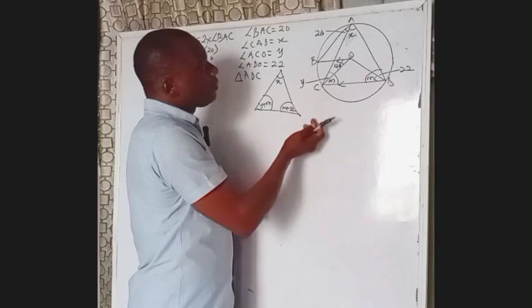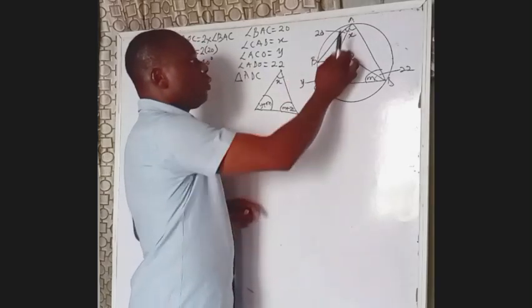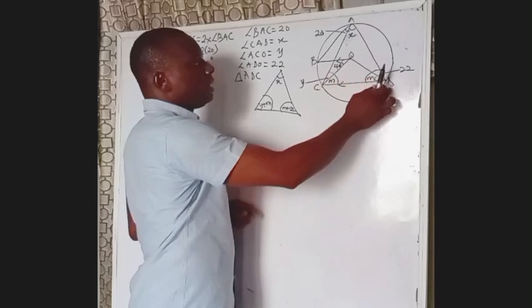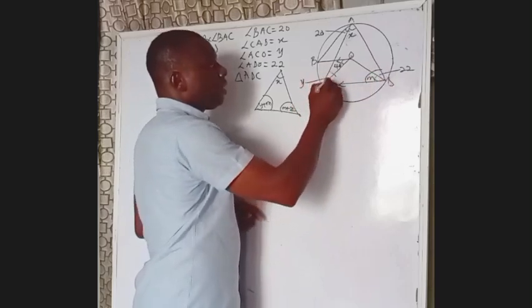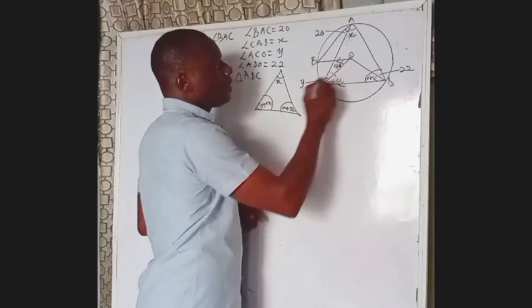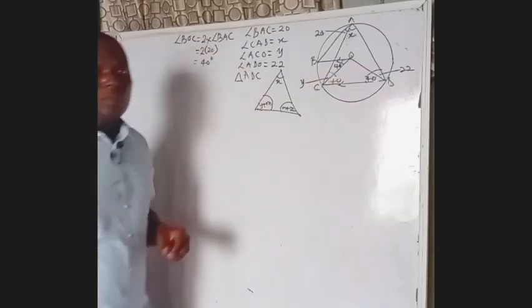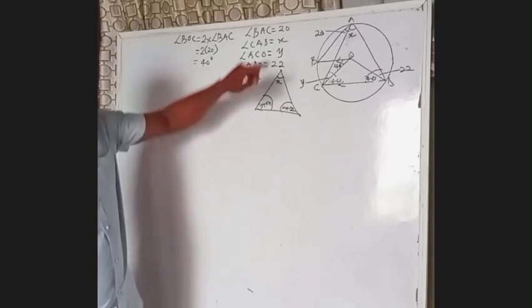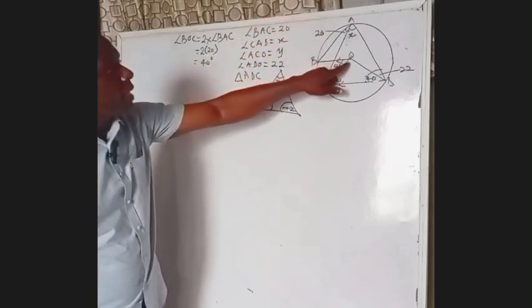So angle BOC is the same as angle OCD, which is M. So M is simply 40 degrees. So this one is 40, which means this one is also 40.